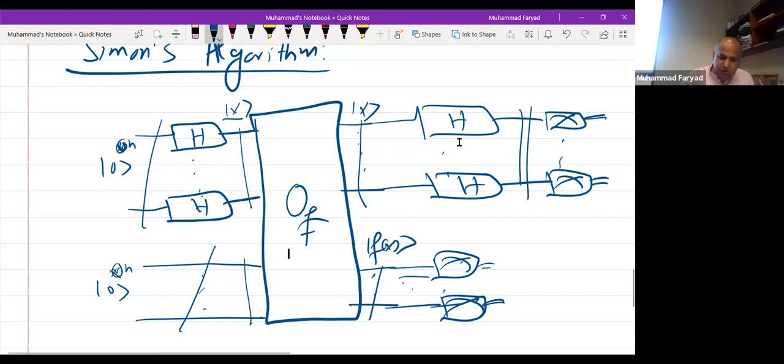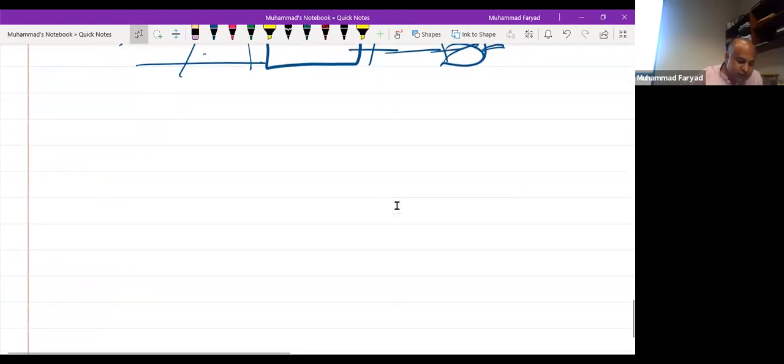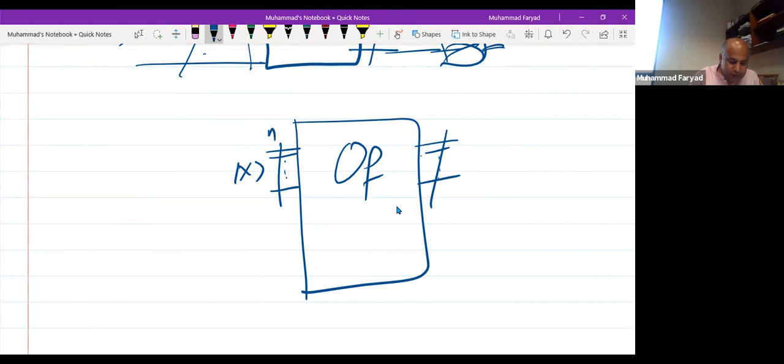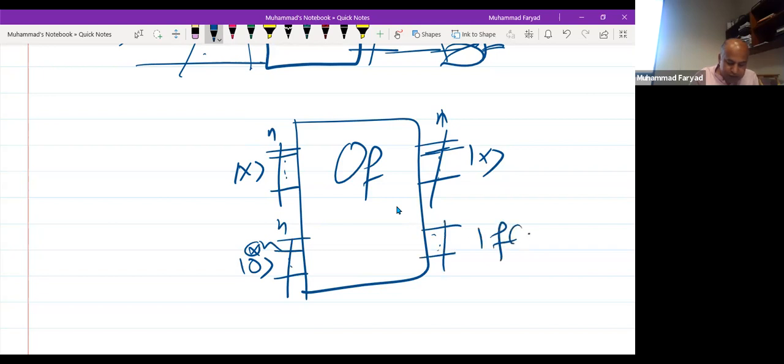Let me talk a little bit more about this oracle. This is a general oracle that we have discussed before as well. If you have an n-bit input X, it gives that input at the output, and it takes another n bits as input, initialized to the 0 state, and then it provides this function f of X at this output.